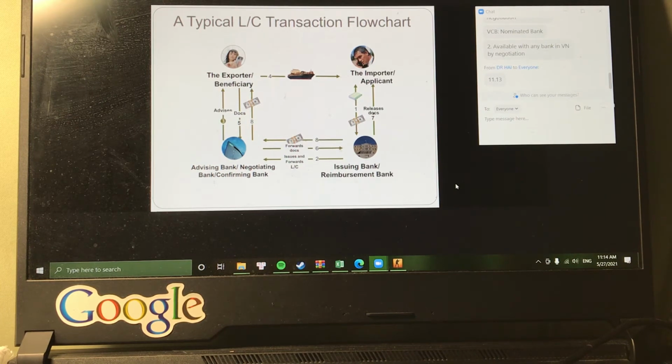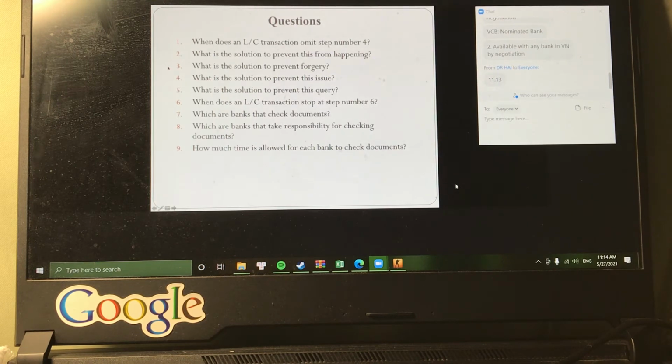Sorry, I cannot explain this chart now. You cannot? Why? I cannot find the information about this chart. Keep your hands, please. Not easy for me to follow. Okay.